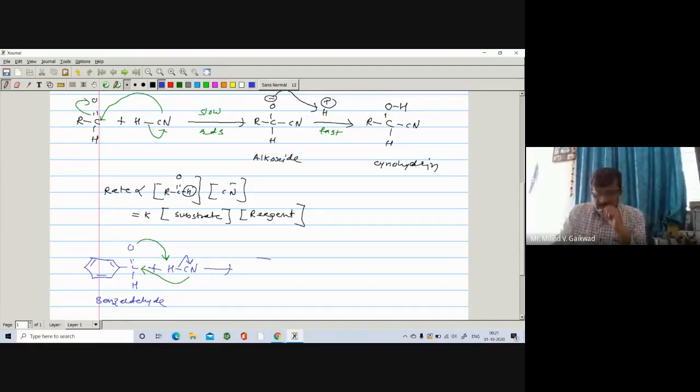Here you have the benzene nucleus, here is a C, here is an OH, addition of CN, and here is an H. So you get the cyanohydrin of benzaldehyde.